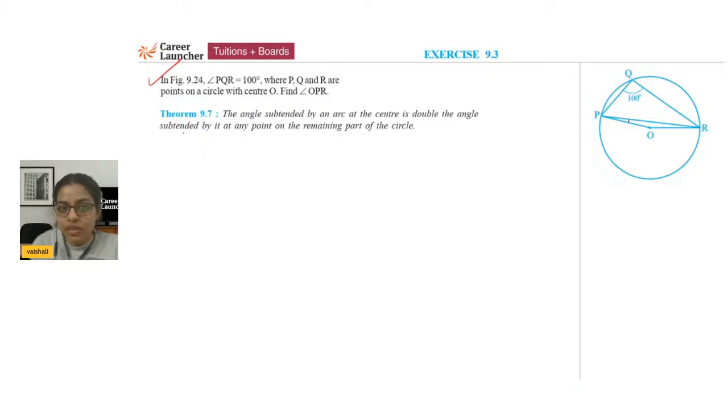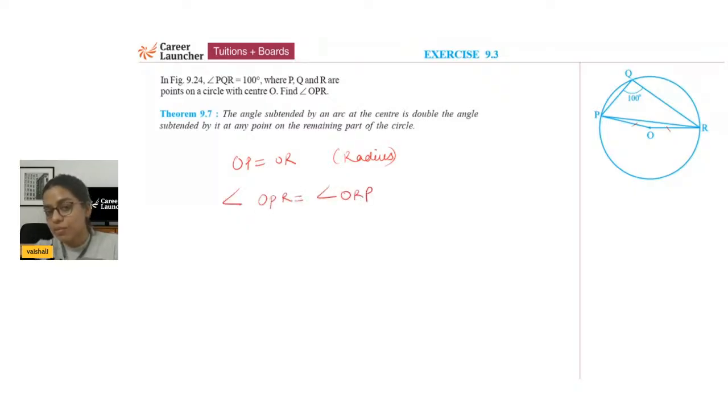Now just observe this point that your OP is equal to OR. Why? Because you are having the radius. So it means if these two sides are equal, can I say that the angle OPR is equal to angle ORP?